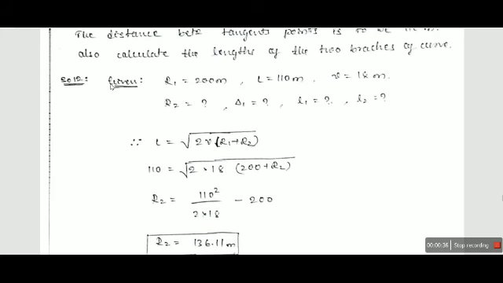Solution for this problem. Given here, R1 is equal to 200 meters, L is equal to 110 meters and V is equal to 18 meters. Here, R2 is the question mark; delta 1, L1 and L2 you have to find.